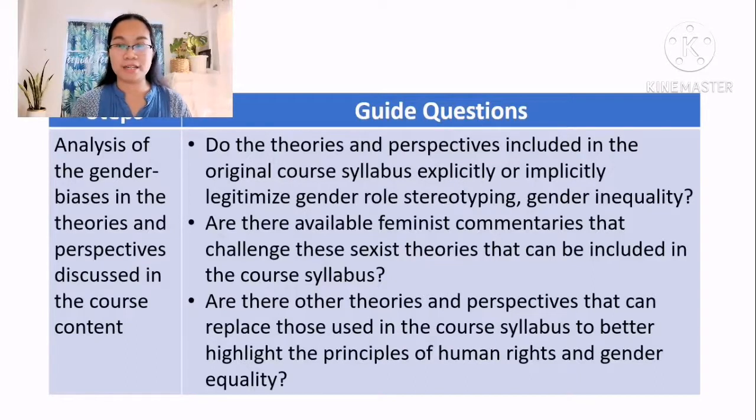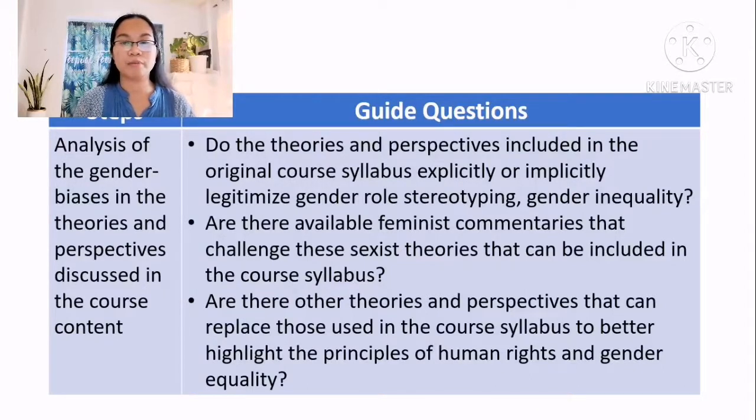Are there available feminist commentaries that challenge these sexist theories that can be included in the course syllabus? As I review some modules, kasi part of the program also of Gender and Development Office is to review some of the modules. Kaya lang hindi pa po lahat na re-review.